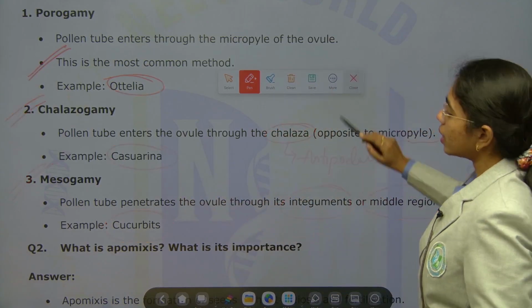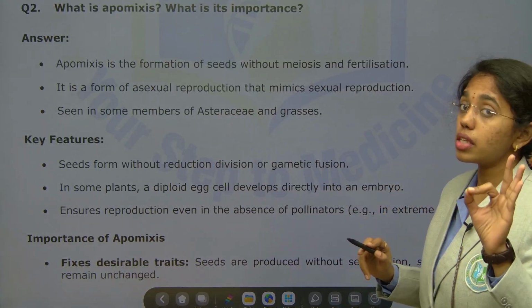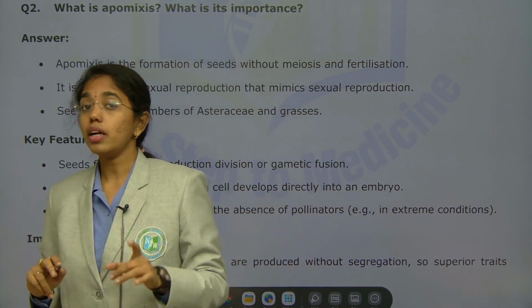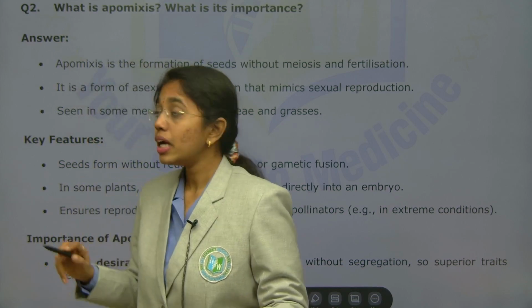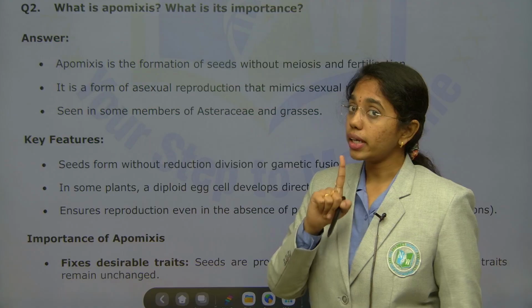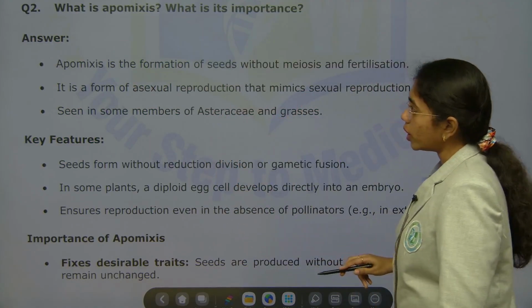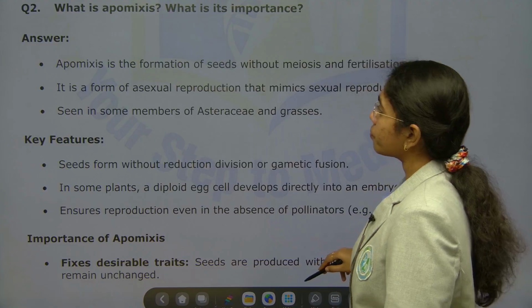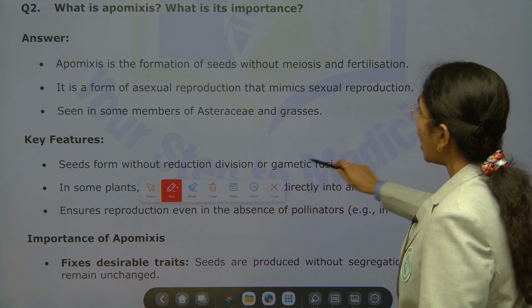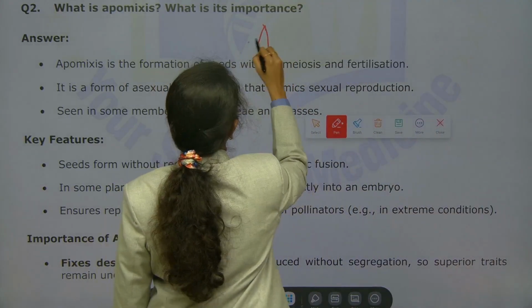Then the next question is on apomixis. Apomixis is a special mode of reproduction. This is very important, not just for IPE, but most important for NEET and MCET as well. You can see that quite a few times questions have appeared on apomixis. Apomixis is the formation of seeds without meiosis or fertilization, and the seeds formed as such are called apomictic seeds.